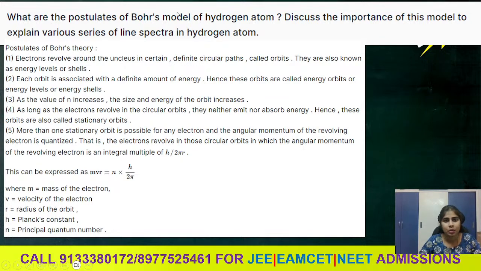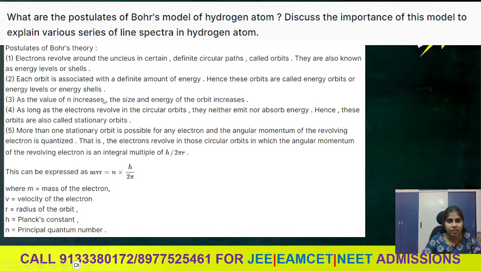What are the postulates of Bohr model of hydrogen atom, and discuss the importance of this model to explain various series of line spectra in hydrogen atom. So this question is regarding Bohr's atomic model. Bohr's theory, what final conclusion we get regarding the hydrogen atom, and one more question is added regarding the series of line spectra of hydrogen atom.